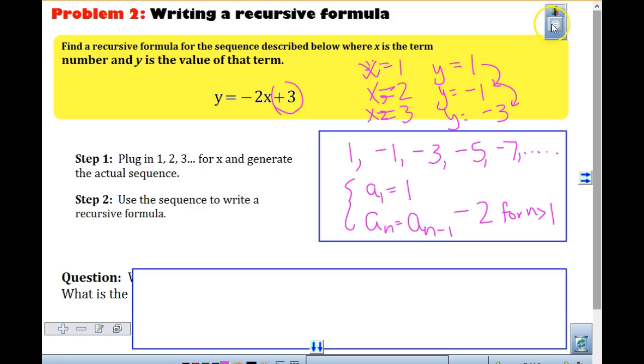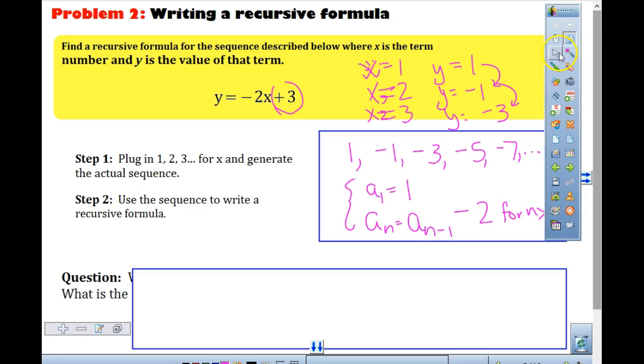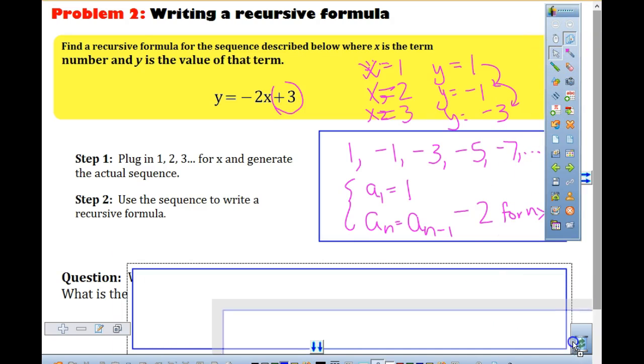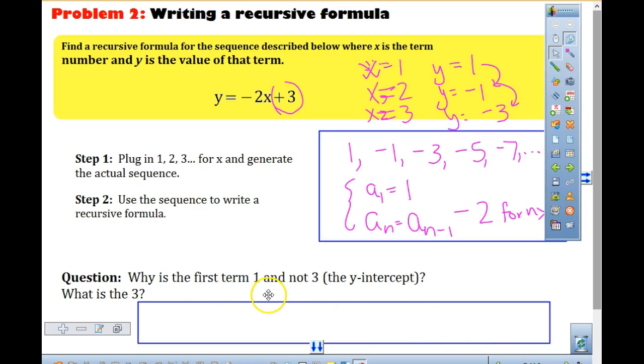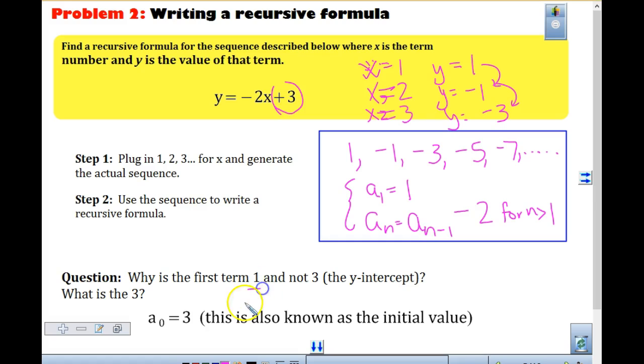So then I want you to write down this question that says this. I want you to write down, why is the first term 1, not 3? And what is the 3? So take a minute and write that question. Why is the first term 1, not 3? Because when x equals 1 in our equation, y equals negative 2 times the first term plus 3, it is equal to 1.